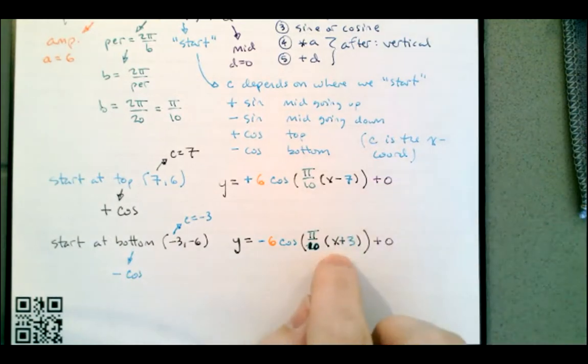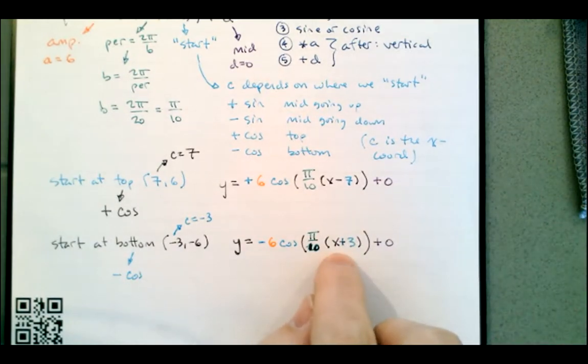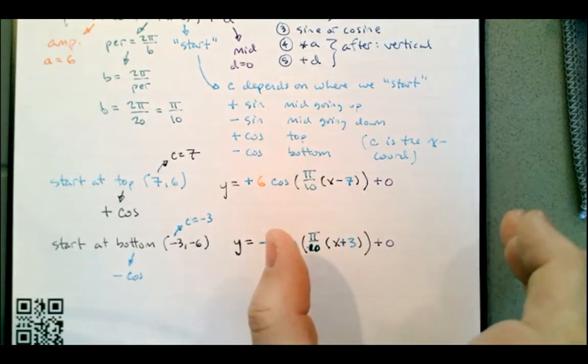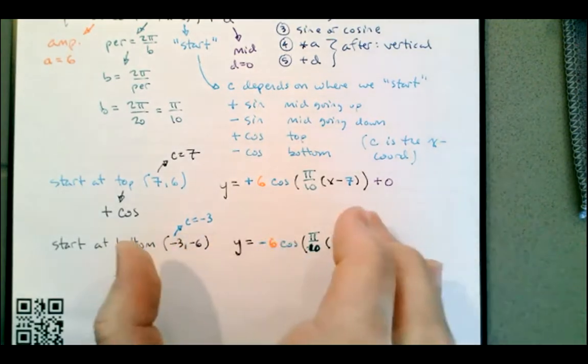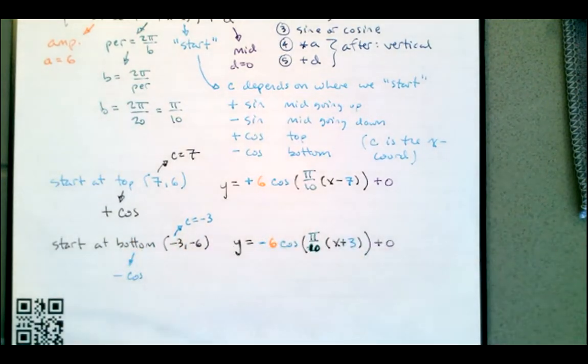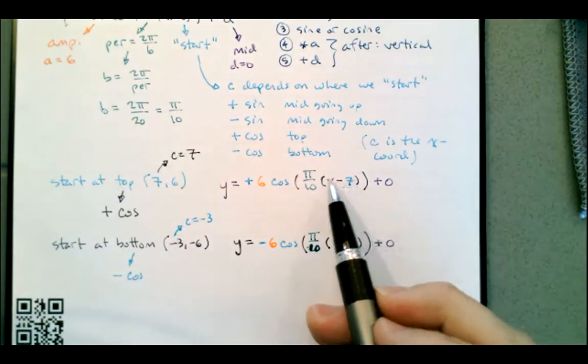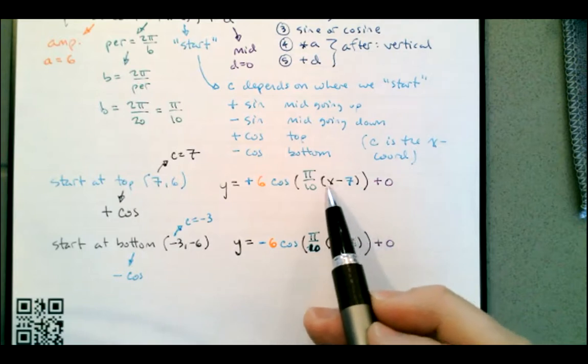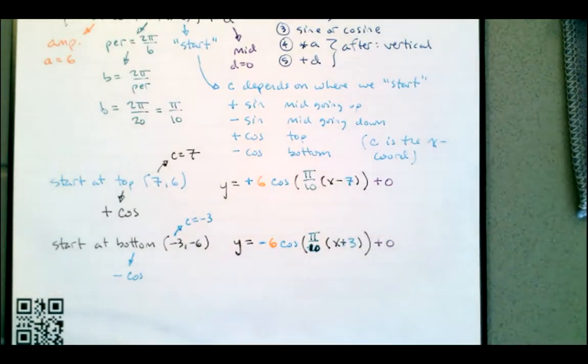And putting a +3 in before the cosine means the start is -3, 3 points to the left, even though it says +3. Some people see that as backwards. Don't see it as backwards. Just say, where's 0? Whatever makes x minus 7 zero. So 0 is at 7. That's our new starting point.